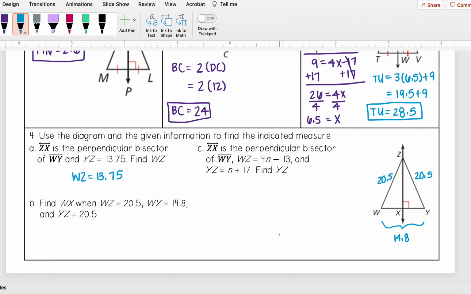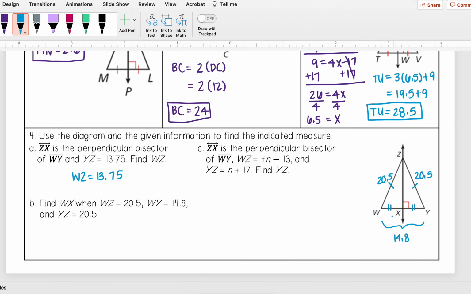Noticing from this information, I see that these two side lengths are congruent to each other. And so I know from the converse of my perpendicular bisector theorem that ZX actually is the perpendicular bisector of WY. And so that means that WX is congruent to XY.